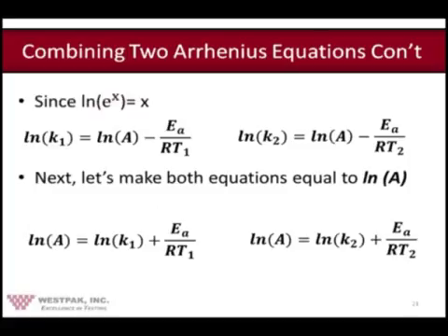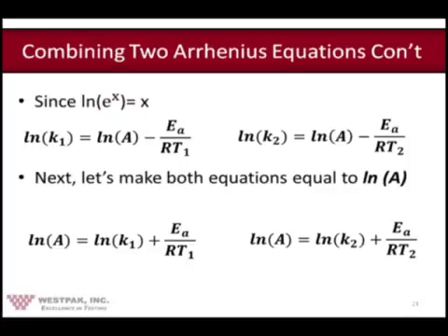So what have we done here? We've taken this natural log rule, the log of e to the x is equal to x. So we've basically taken the e to the power of E sub A over RT1 and RT2 on each side of the equation, and we replace them with x, because Euler's number says that we can do that.